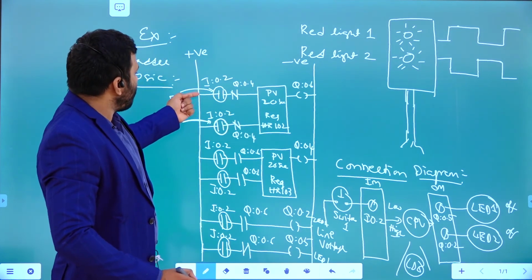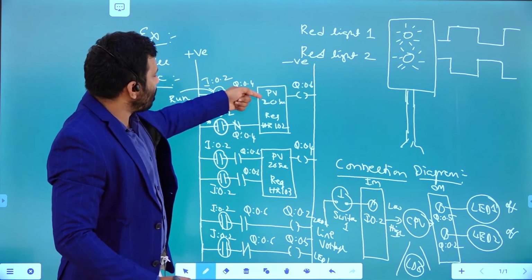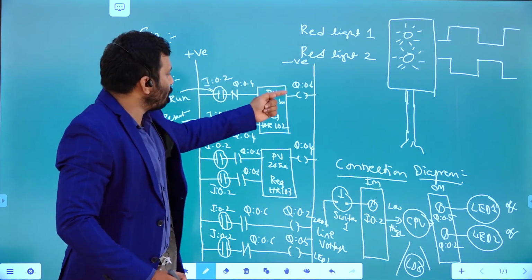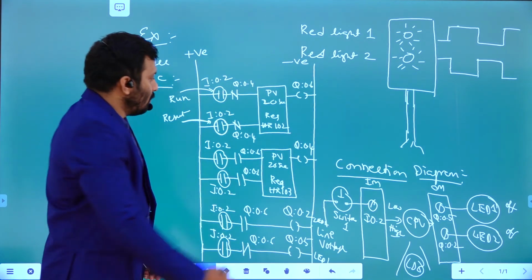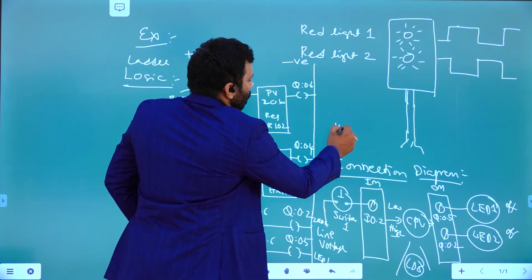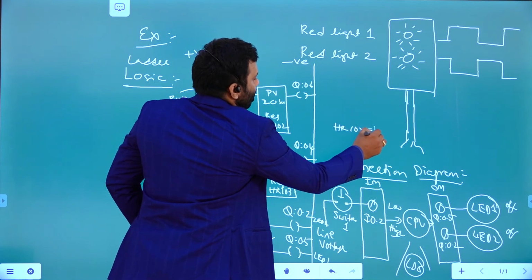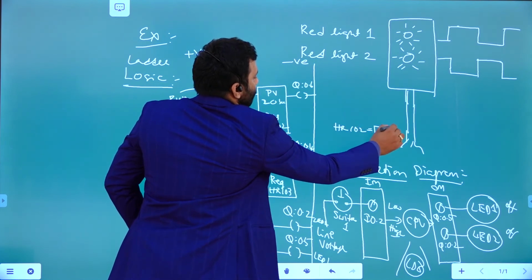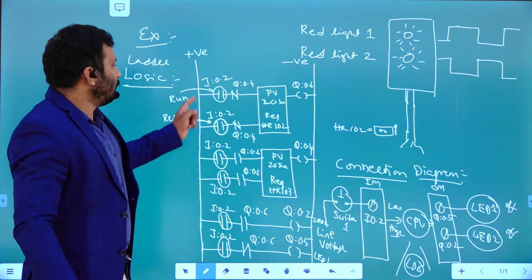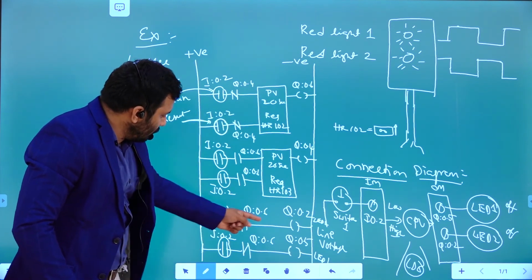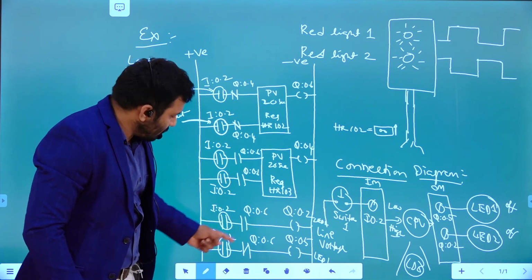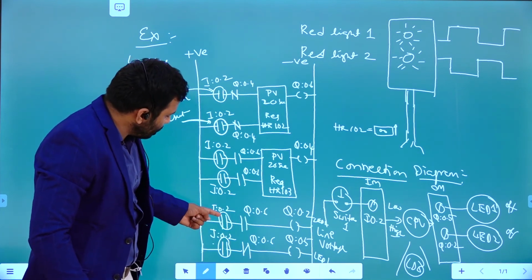At the same time, this is going to start running. That means the value in holding register 102 is going to be reset, then it keeps on incrementing with the run input. At the same time, see here, these two rungs are also active.